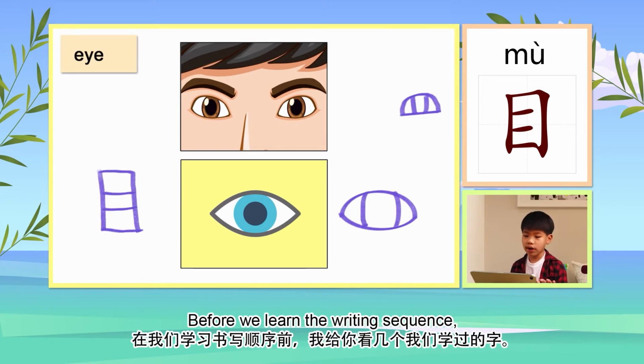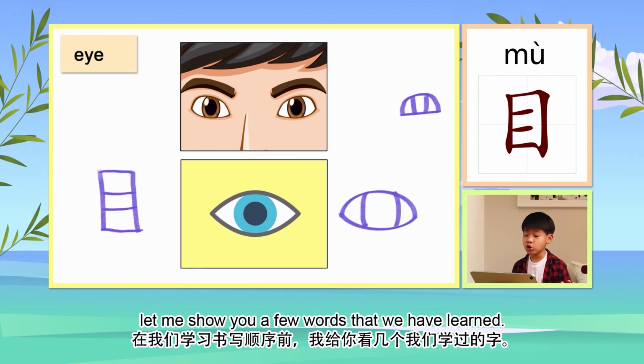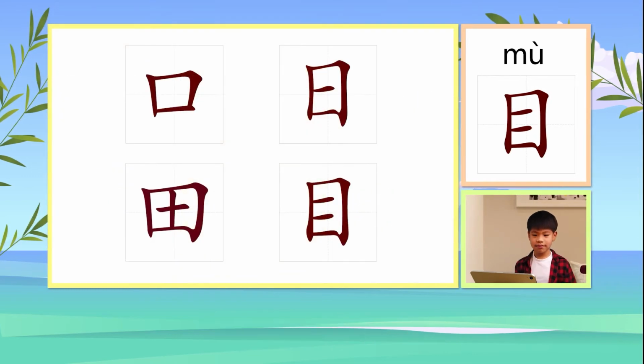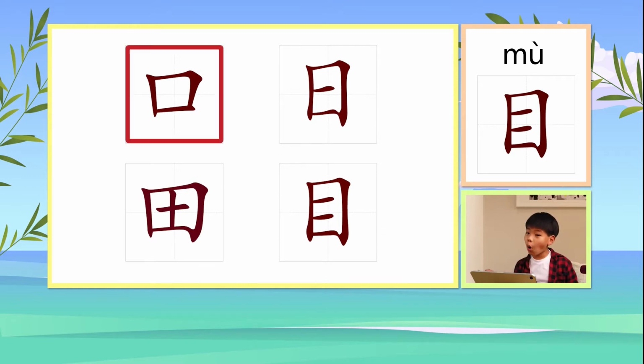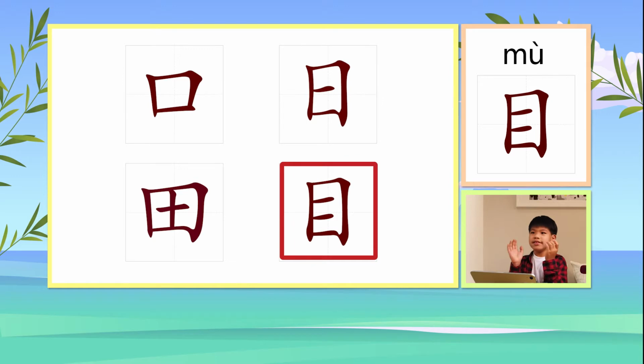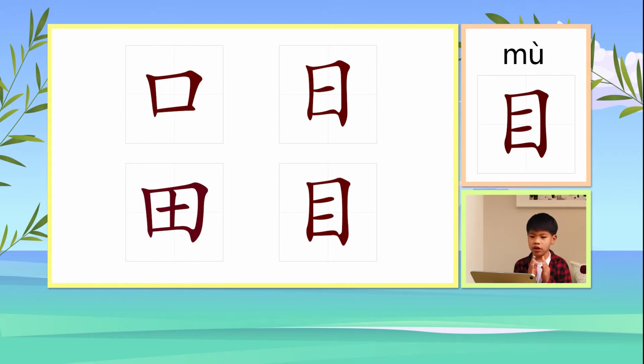Before we learn the writing sequence, let me show you a few words that we have learned. It's a quiz. Can you pronounce it? Answers coming right up. 口 日 木 田. I'm sorry guys, okay?